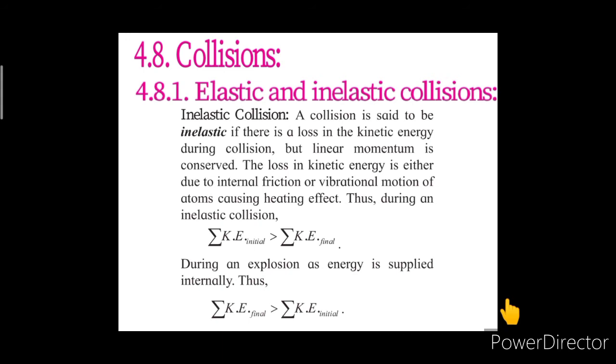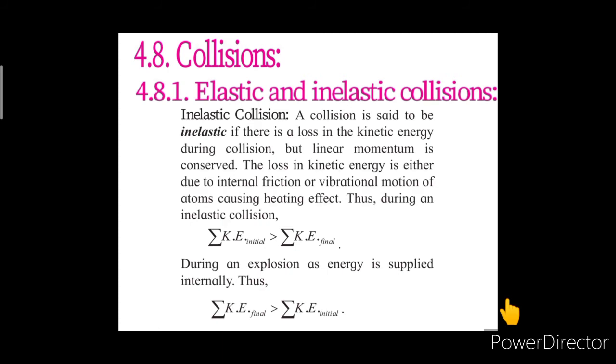So, that difference in the kinetic energy will appear in some amount, you can see, as heat energy, light energy or deformation, etc. That means the difference that we get in the kinetic energy before and after the collision in the inelastic collision is converted into some other form of energy.